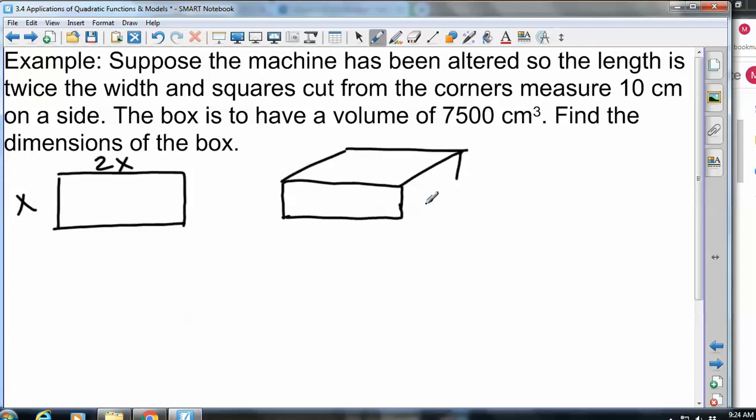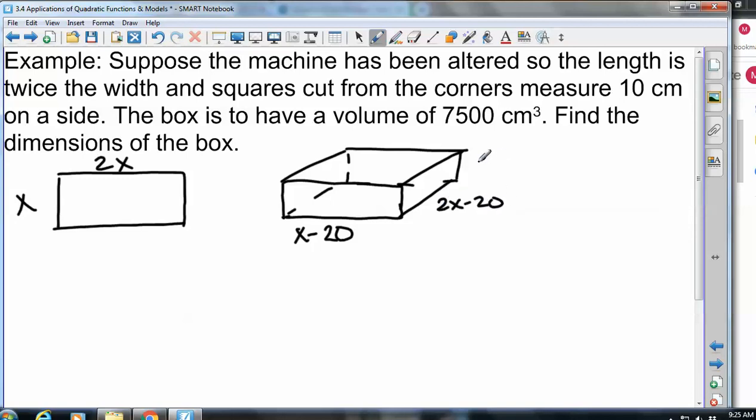So when I do my box, so what's this side going to be? X minus 20, because you cut 10 off each end.